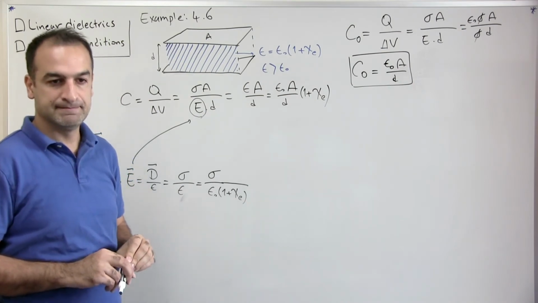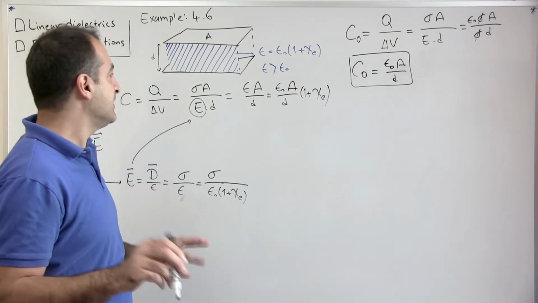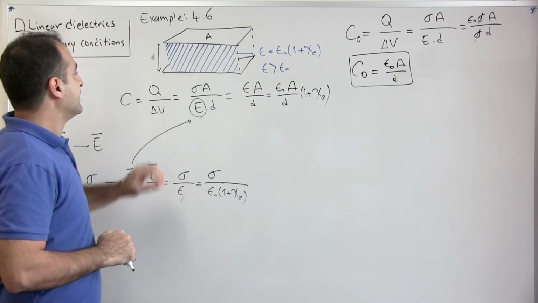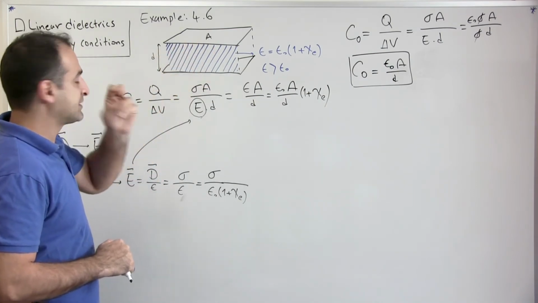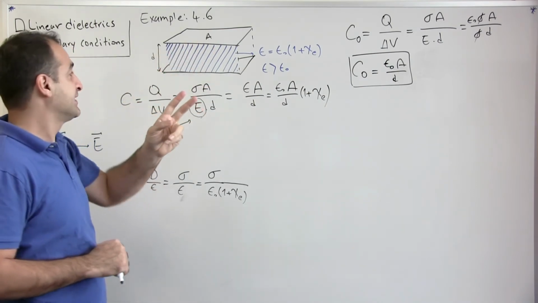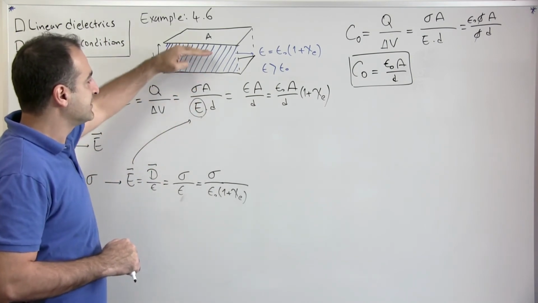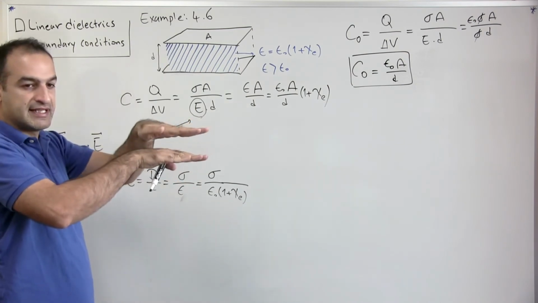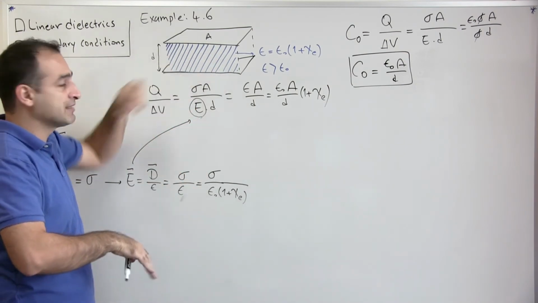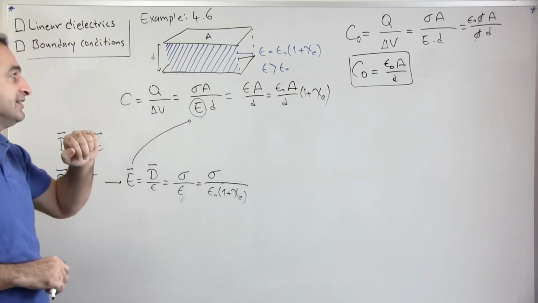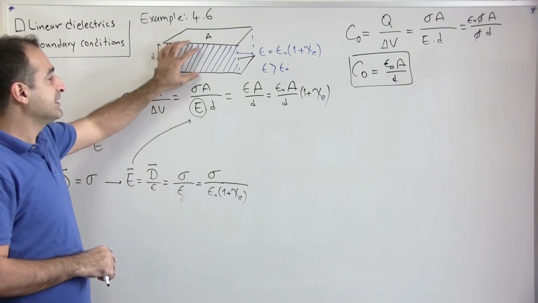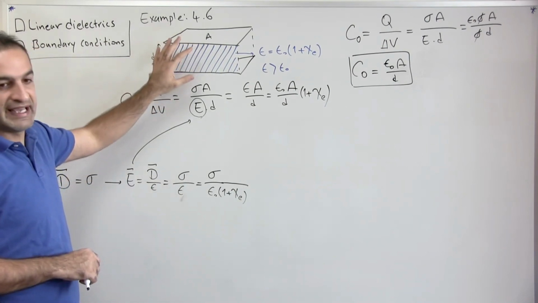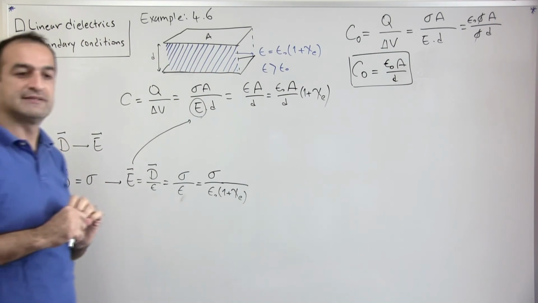Sounds good? In the problem set that I assigned to you, there are two problems with two different cases where you have different dielectric materials, okay? In one of them, you have two different slabs on top of each other, and you put that between the plates. And in the other case, you have dielectric material filling only half of the space between the plates, okay?